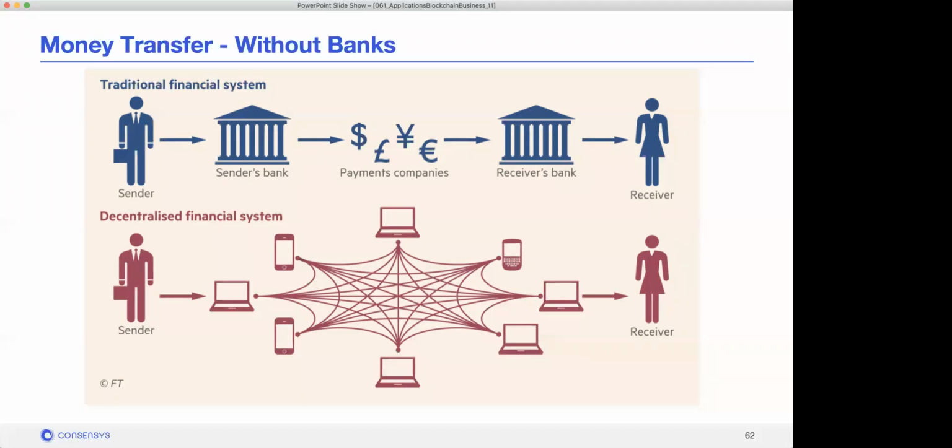Whereas in a decentralized financial system, you could connect to the blockchain and do an instant transfer. Historically, it's been for a very small amount of money. But as was pointed out just before, right at this instant, transaction fees on Ethereum are sitting at about $10.